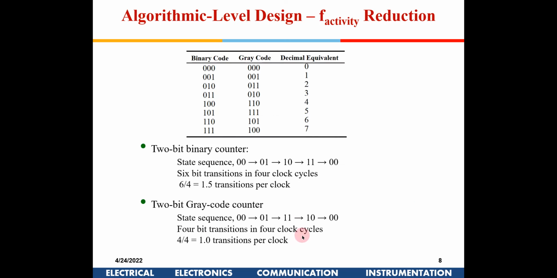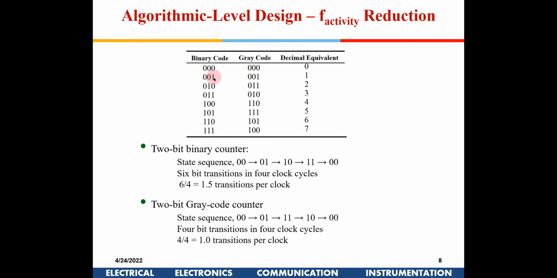Okay, now if you see here, at the algorithmic level, you have a binary code and you have a gray code, right? This you might have learnt in your digital design courses. The difference between a binary code and a gray code is, see, 0 is represented like this and 1 is represented in the gray code. When you are moving from one value to the next in a sequential manner, there is only 1 bit change.